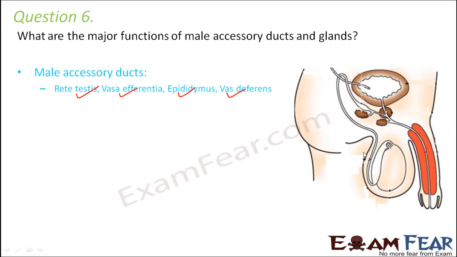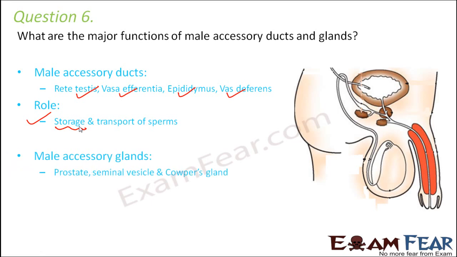If you see, it all starts from inside the testis. Rete testis and vasa efferentia are present inside the testis. Then they come out and join the epididymis, which in turn joins the vas deferens. Now these ducts help in storage and transport of sperms. When I say storage, this is just temporary storage. Similarly, the male accessory glands are the prostate, seminal vesicle and Cowper's gland.